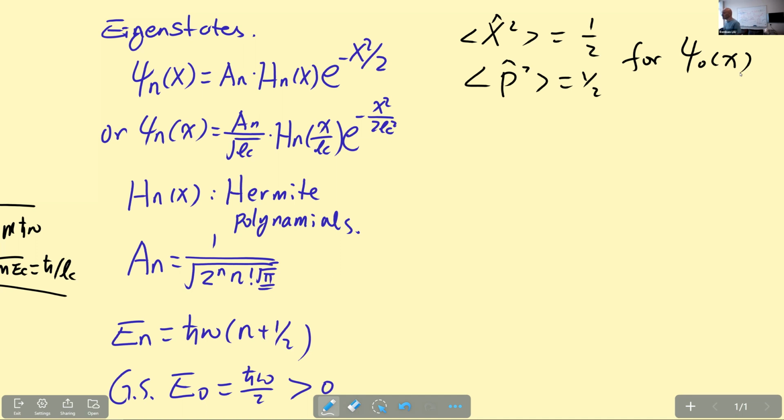And these are all in the units. Also for the stationary state and the symmetric state, we have this.